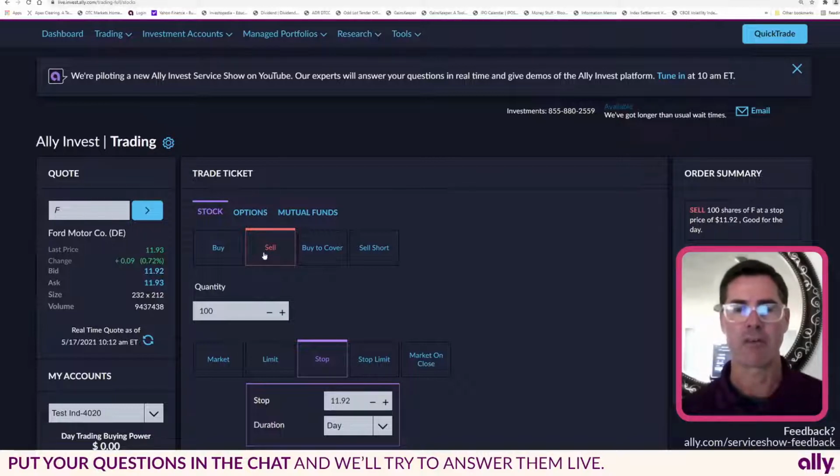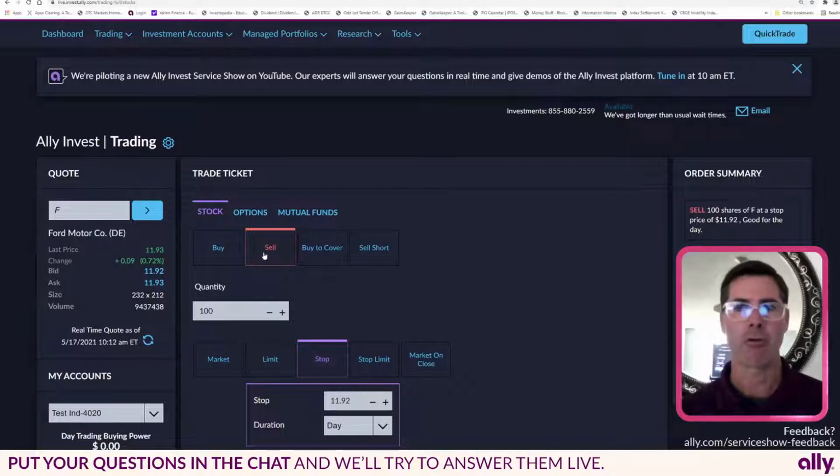In that case, if you're long a stock, you own a stock, and the stock goes down. So we'll stay with Ford as our example. Let's assume we already own Ford and we purchased it at, say, $11.93. Let's say that we've decided if Ford goes below $11, we want to sell it.